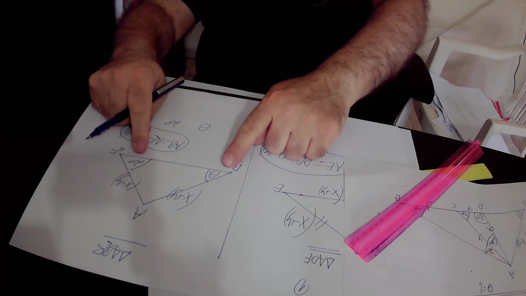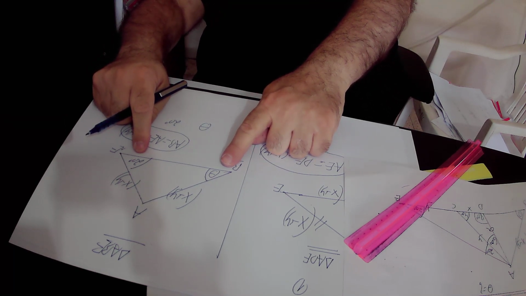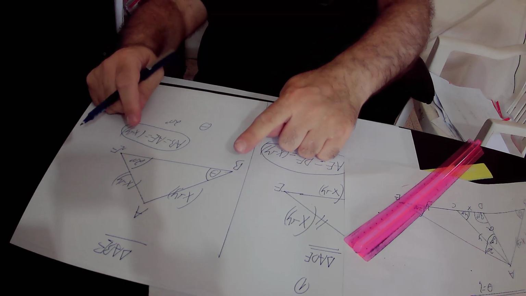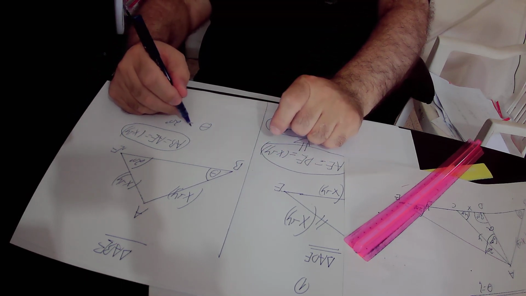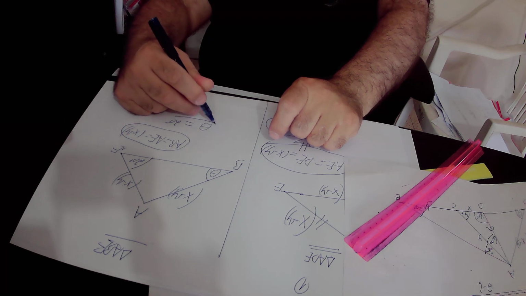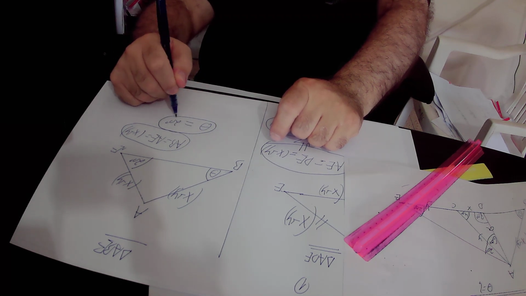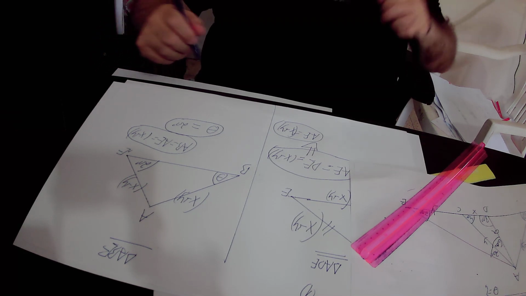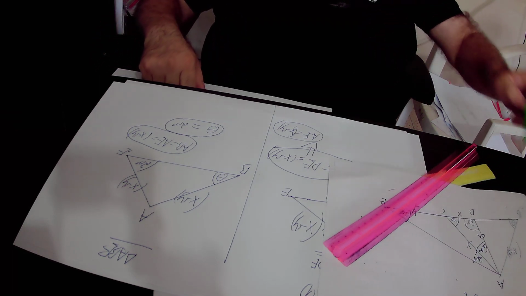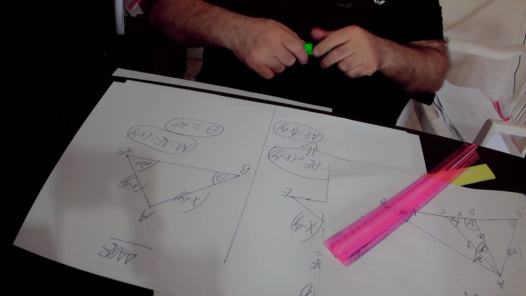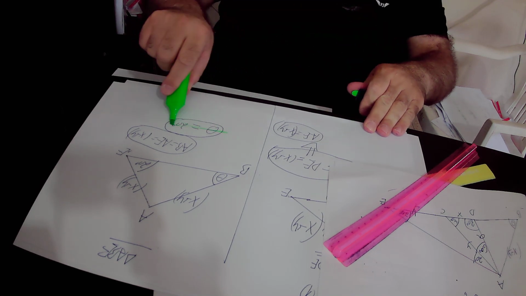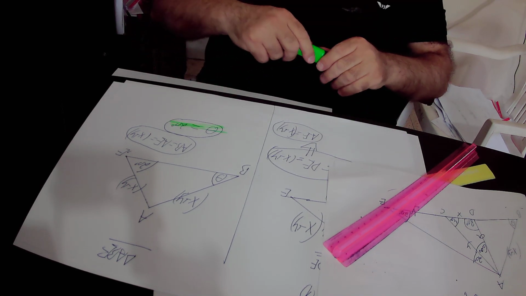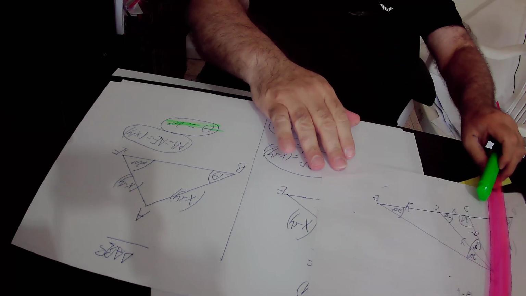So those two angles opposite the equal sides AB and AE must be equal to each other according to the rule that I mentioned. Okay, so we found that angle theta equals 20 degrees, and this is the answer to the question: the size of angle theta is equal to 20 degrees.